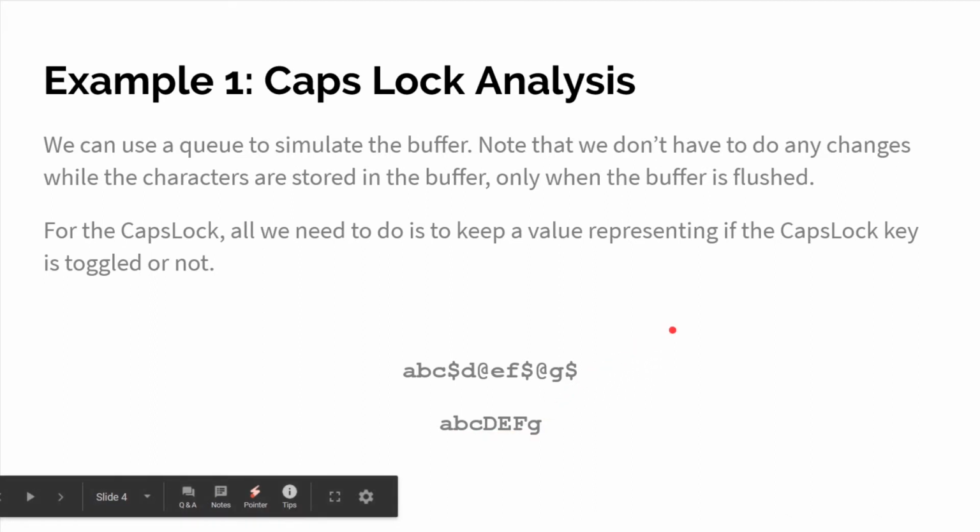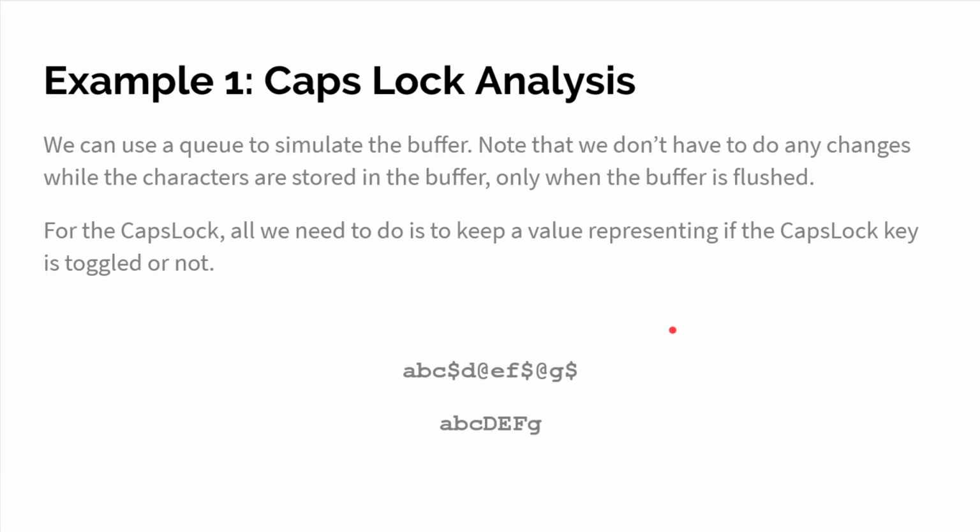So since we're doing everything in sequential order, we can use a queue, right? We don't actually have to do any case changes while the characters are stored in the buffer, only when the buffer is flushed. This is because if the caps lock key is on, we know everything in the buffer is going to be uppercase.